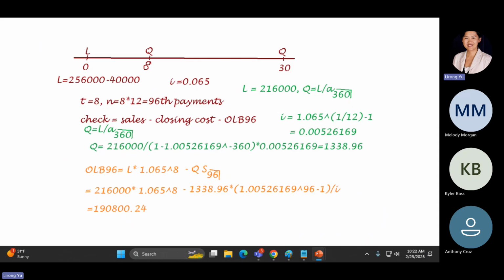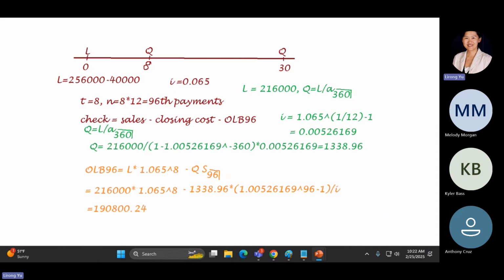So we're going to do an accumulation value. It's S, not A, because it's value at 8. So here we have 1 plus I to the power 96 minus 1 over the I. Now the I has to be the monthly interest rate. That's the I calculation over here.